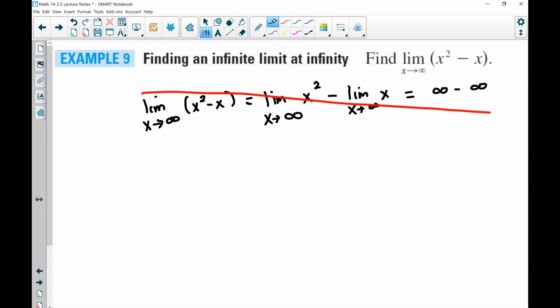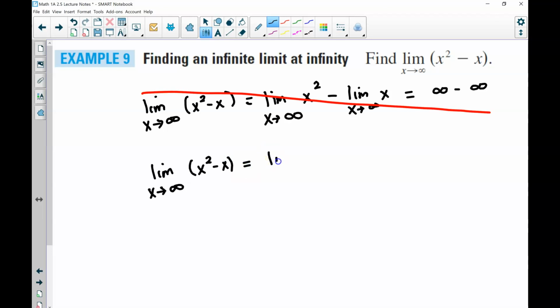We can say the following. We can say that the limit as x is approaching infinity of x squared minus x, we can factor out an x.